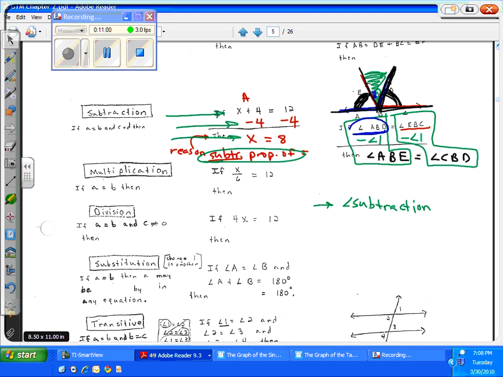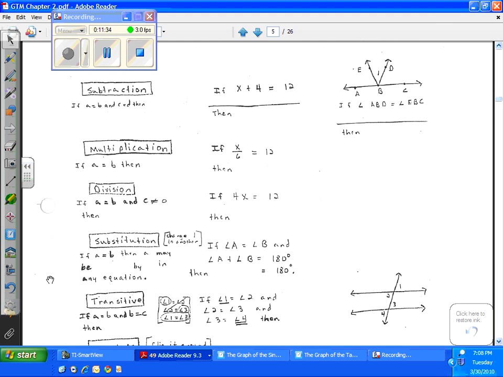But this whole thing together, if this big angle equals big angle and little angle equals little angle, then little angle equals little angle. The whole thing, if A equals B and C equals D, then A minus C equals B minus D, that whole concept altogether is the subtraction property of equality. Okay? We just used angle addition to actually do the subtraction part. All right.